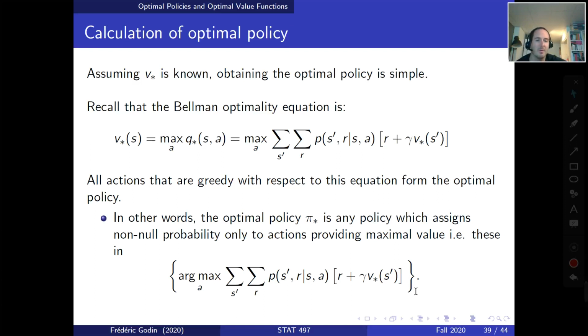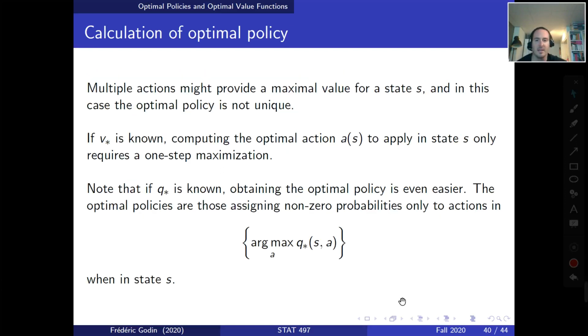So in that case, the optimal policy would not be unique, and any action maximizing this expression would be optimal in that state S.